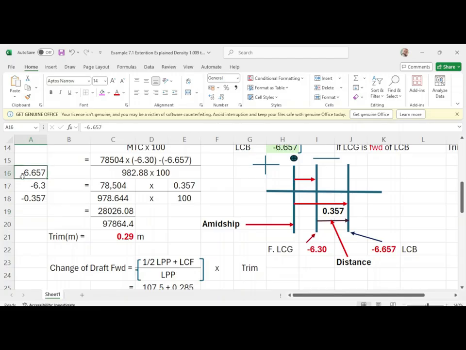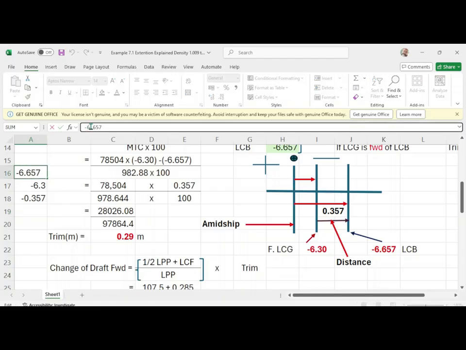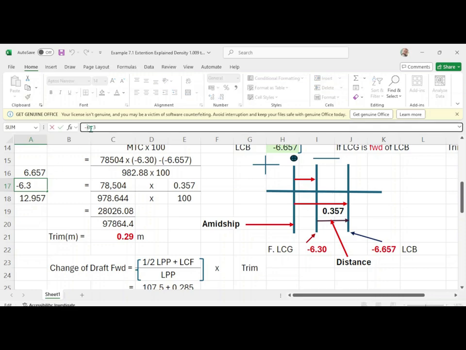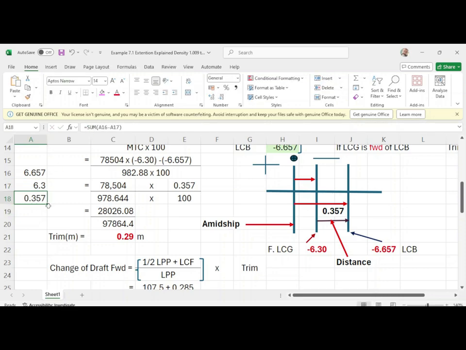So it will be 0.357 because you're only asking the distance of LCG to LCB. There's no sign involved here. You're only asking from point A to point B. So what is the distance from point A to point B? You will just measure the distance from A to B. That's why it's positive.